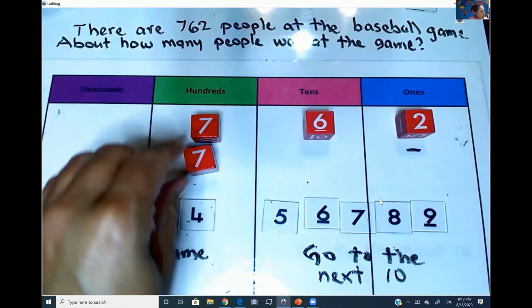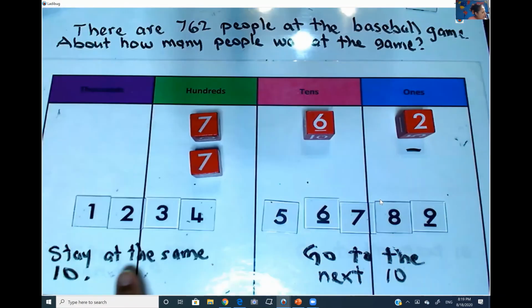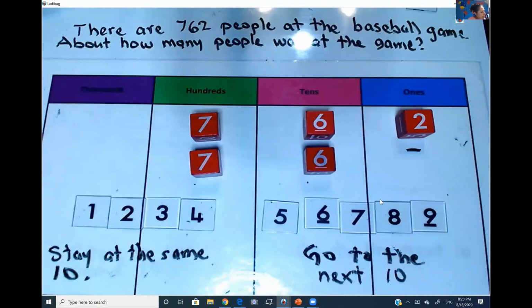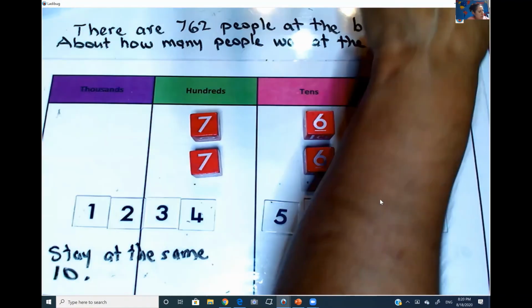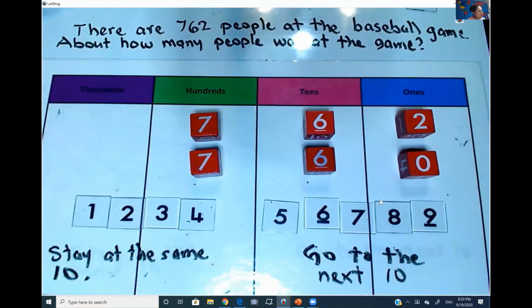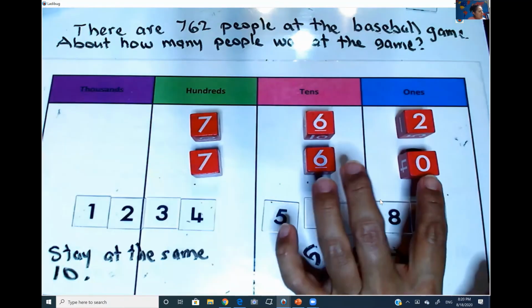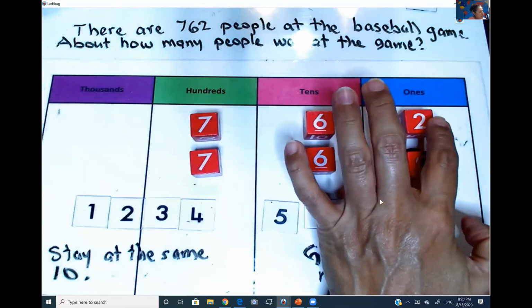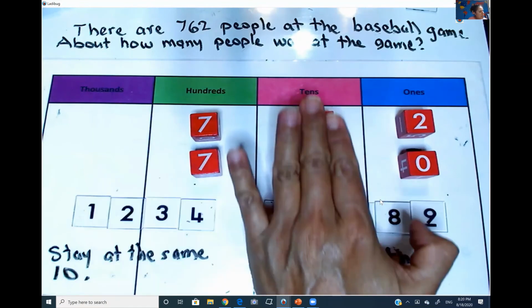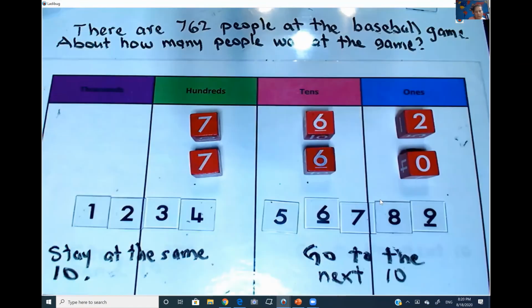I'm not changing it. And I stay at the same 10. So the same 10 is going to be 6. And that means this is going to become a 0. So the number is going to round to 760. So 762 is 760 when rounded to the nearest 10, because the only thing we're changing is the tens and the ones at this point.